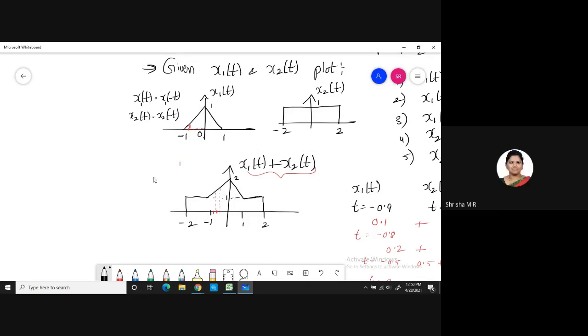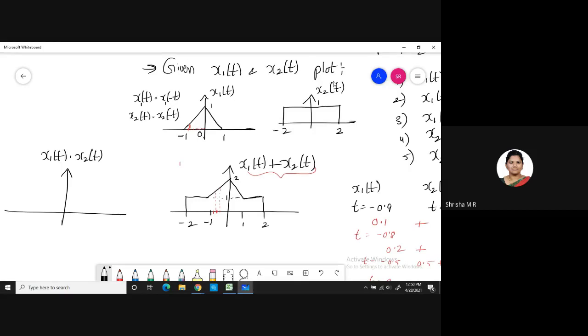Yes, correct. So you have x1 of t multiplied with x2 of t. When you're multiplying any waveform with an amplitude 1, you'll get back the same waveform. So the existence of this waveform x1 of t and x2 of t will depend on the overlapping space between the two waveforms. What is the overlapping space?